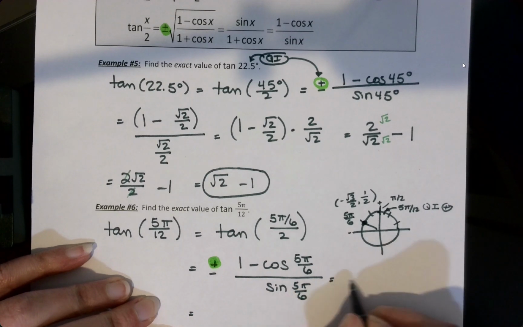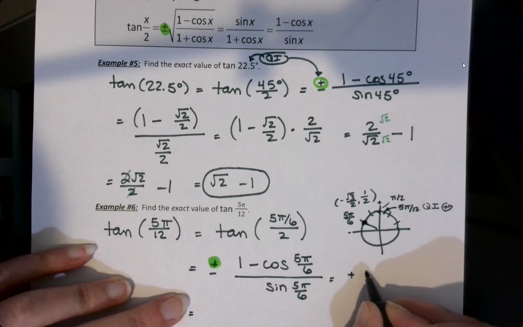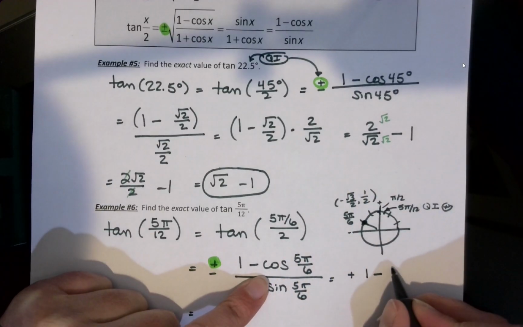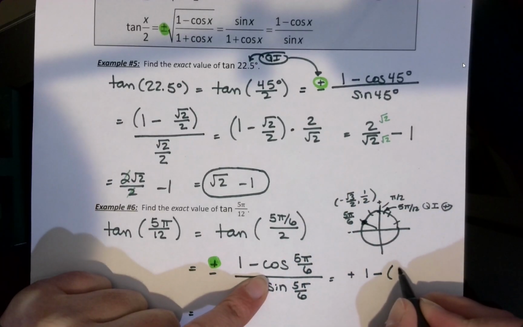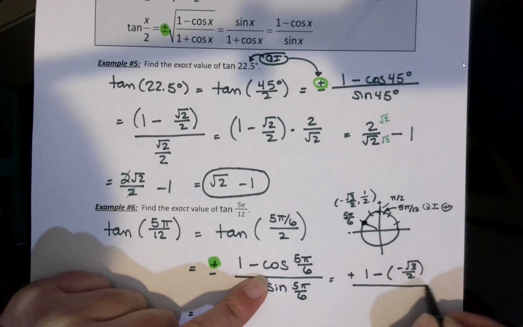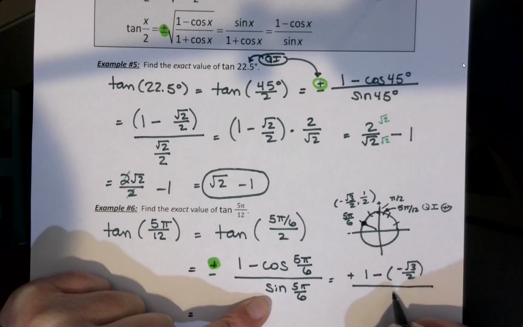Okay, so we're going to be positive 1 minus the cosine of 5 pi sixths, which is negative root 3 over 2, over the sine of 5 pi sixths, which is a half.